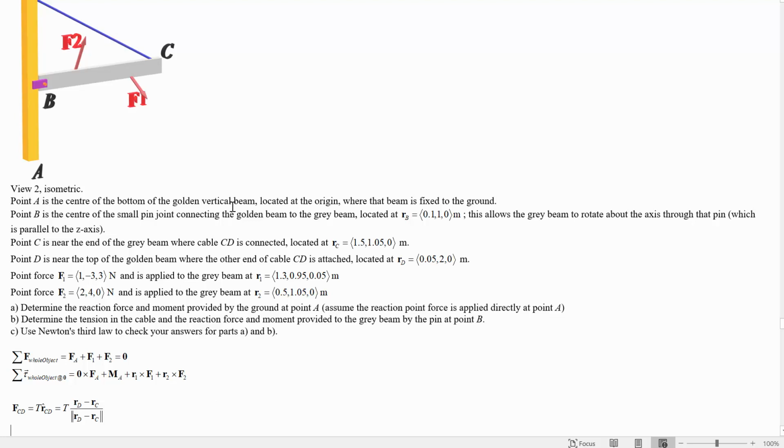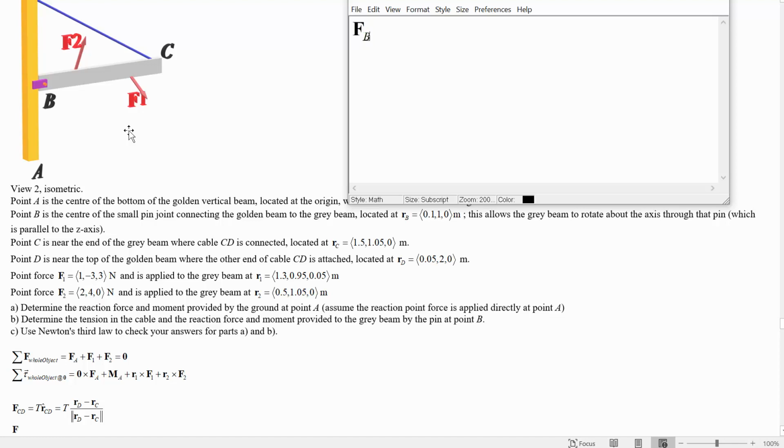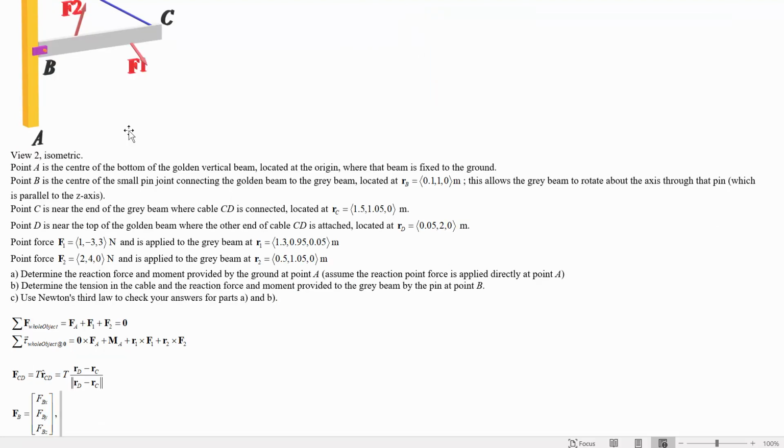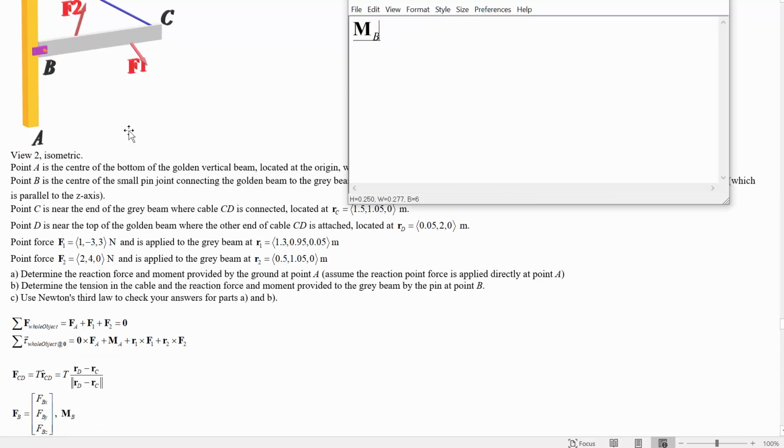Okay, what about the reaction force from pin B? We've got that could be any force, right? FB is equal to 3D, FBX, FBY, and FBZ. And it also can produce a moment. Moment applied by B. These are the forces that the golden beam applies to the gray beam.